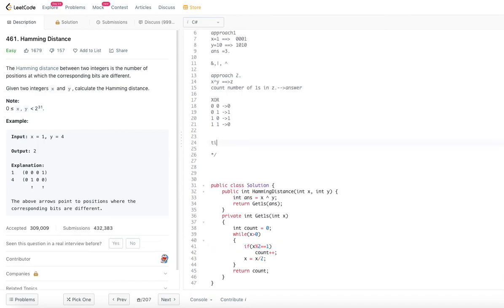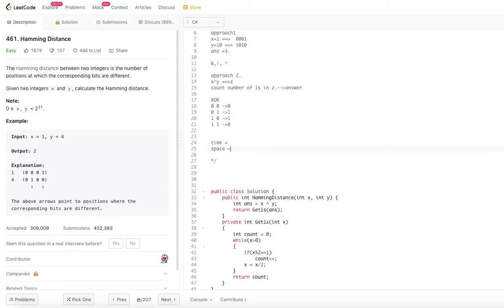So what is the time and space complexity for this? Time complexity: this is x XOR y. Since both are integers, it would take a constant amount of time. And then to get the number of ones, since this is also an integer, this while loop will be executing at most 32 times, because the integer is a 32-bit integer.